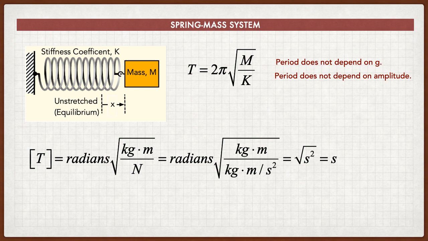Remember, F equals ma. A newton is a kilogram times a meter per second squared. Cancel the kilogram meter on top and bottom. Simplify, and we end up with seconds, a very appropriate unit for period.